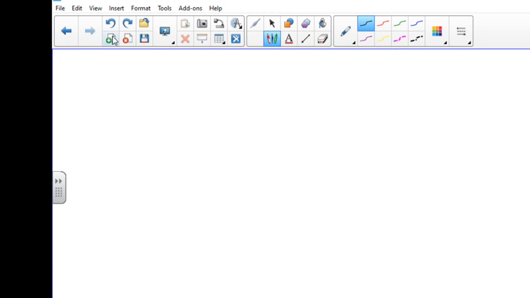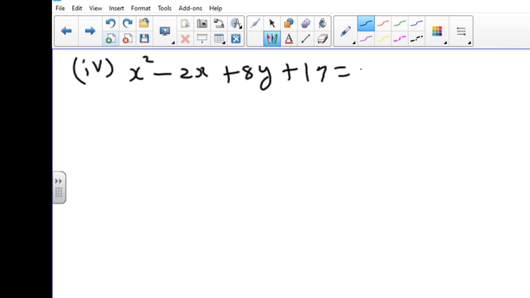Next one, we'll go to the fourth subdivision. The fourth one is x square minus 2x plus 8y plus 17 is equal to 0. Here we have to bring it to the standard form first.